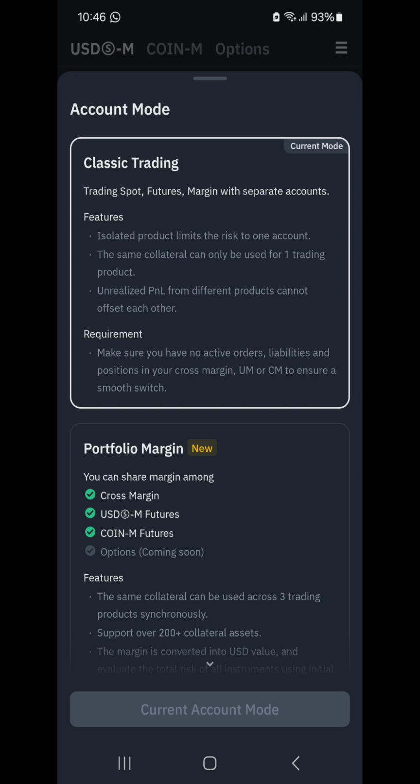So if you are under the portfolio margin section, you don't need to actively transfer funds from one wallet to this futures wallet or any of these wallets. Once there are funds in your Binance account, and that is enough to be used as margin, then your trade will be running, or you can actually take any trade.